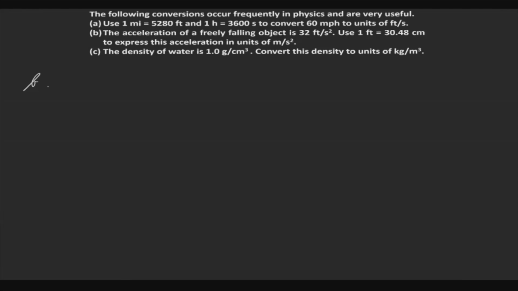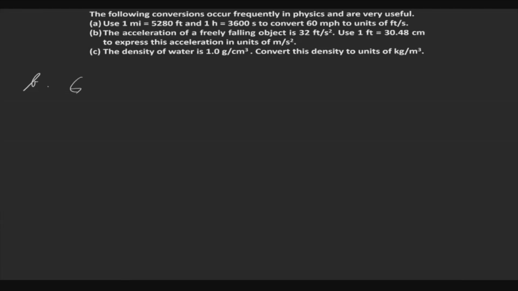Next, for letter B, the acceleration of a freely falling object is 32 feet per second squared. Use 1 foot is equal to 30.48 centimeters to express this acceleration in units of meters per second squared.